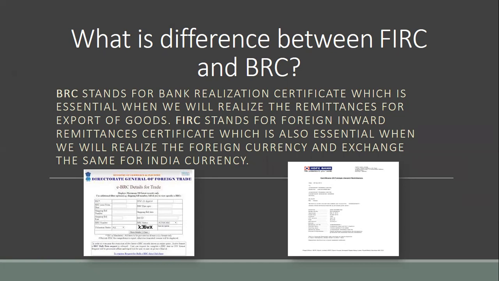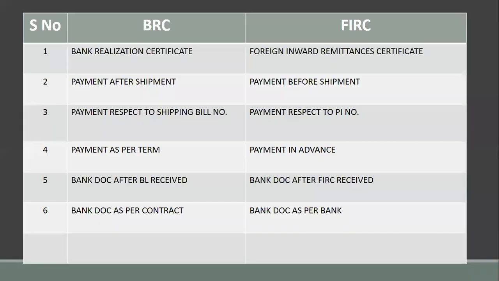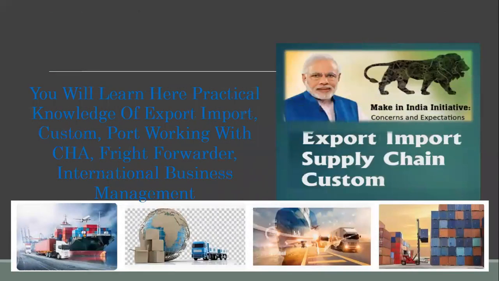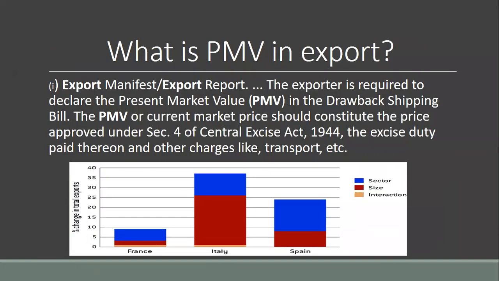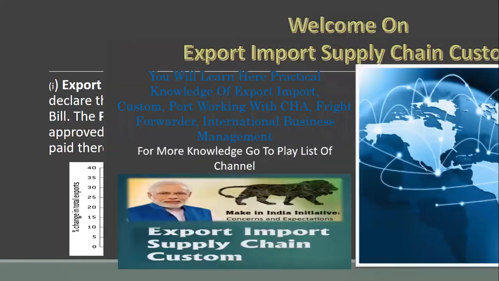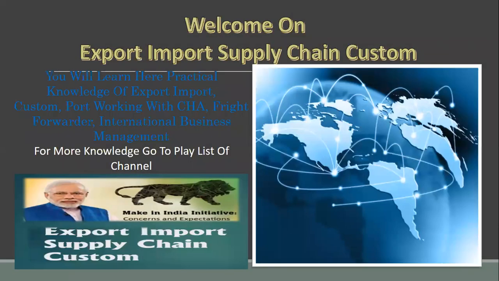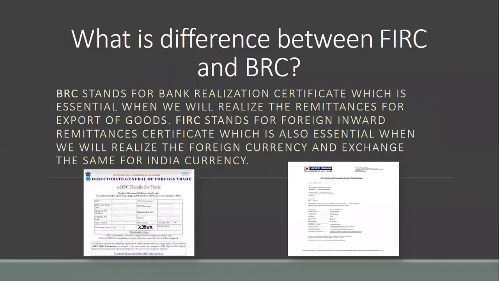In such a case, the bank issues an FIRC and sends it to the exporter to furnish some documents for the reconciliation of the FIRC payment. So in an easy way we can say BRC is issued after export payment is received, but FIRC is issued when payment is received before shipment export, or we can say as advance payment.